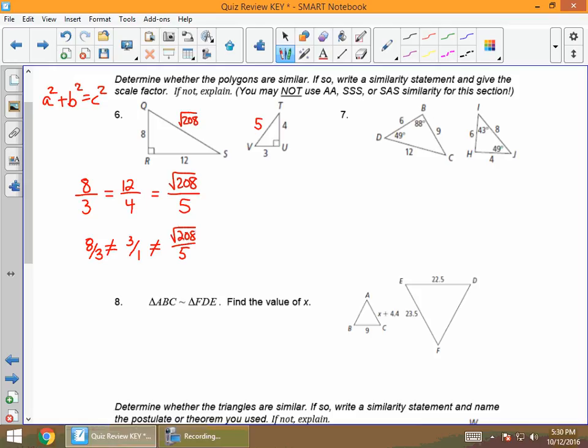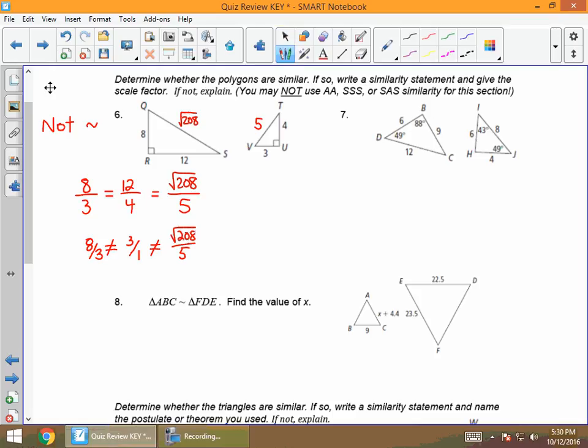So all 3 of those ratios are different. So that means these two triangles are not similar to one another. Even though they both have one right angle, they are not similar to one another.